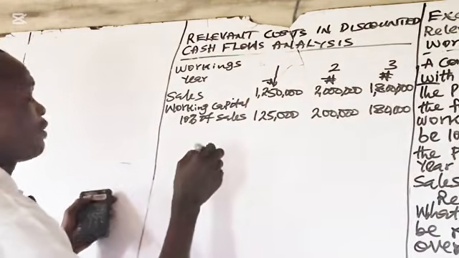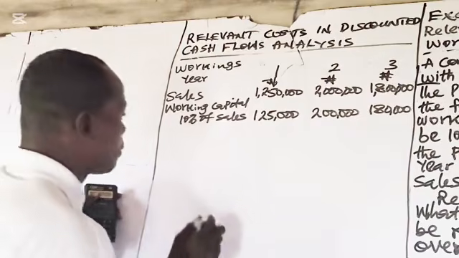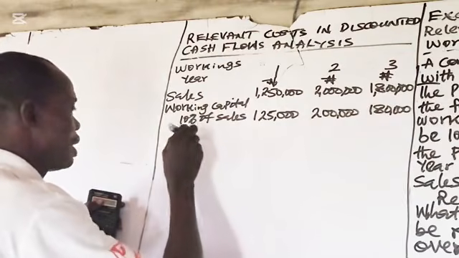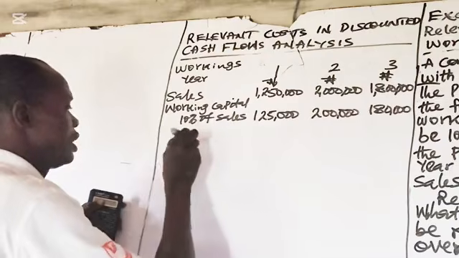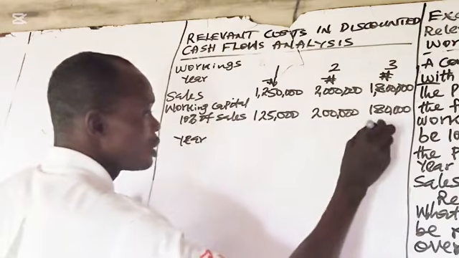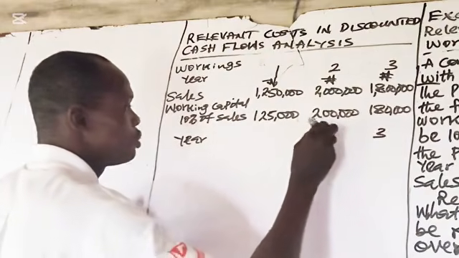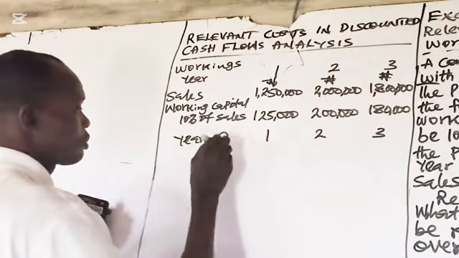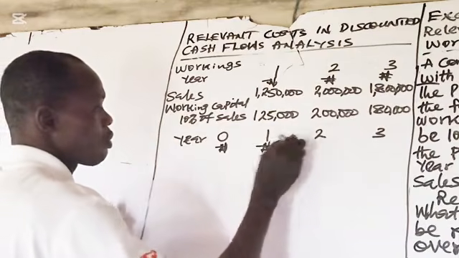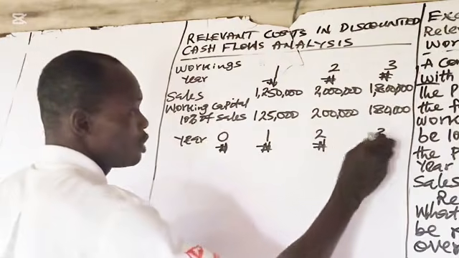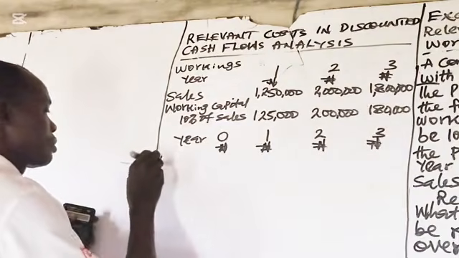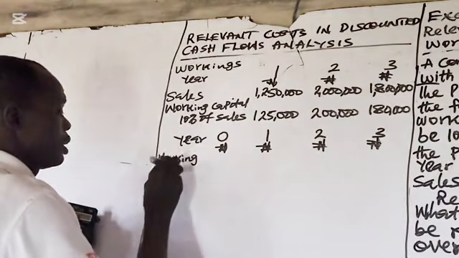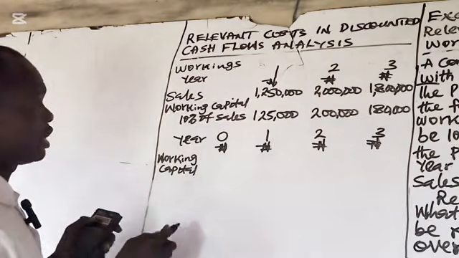So now for investment appraisal purposes, you could have working capital. Let me say years: year 3, 2, 1, and year 0. Remember, I've told you that the working capital will be treated as an outflow in year 0. How much do you have as your initial working capital?